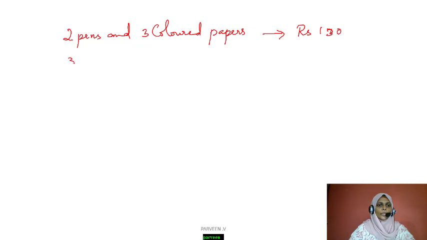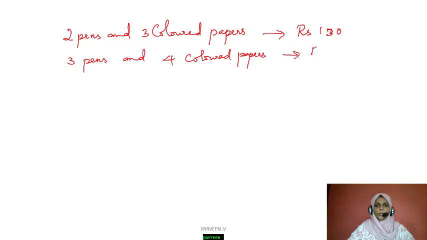And then you buy 3 pens and 4 colored papers, where you paid rupees 70. Now how much would one pen and one colored paper cost, or how much would 5 pens and 5 colored papers? This is where we can apply a real life situation for two variables.